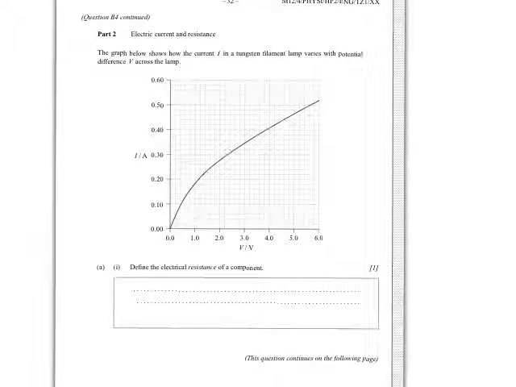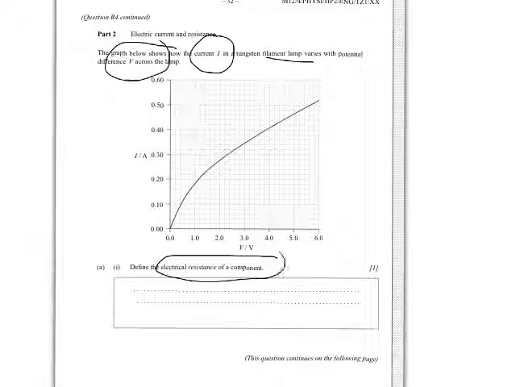So another resistance question. The graph below shows how the current I in a filament lamp varies with potential difference across it. And once again this question, define electrical resistance.